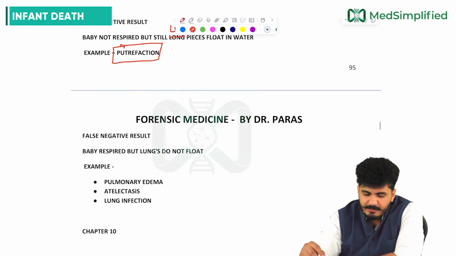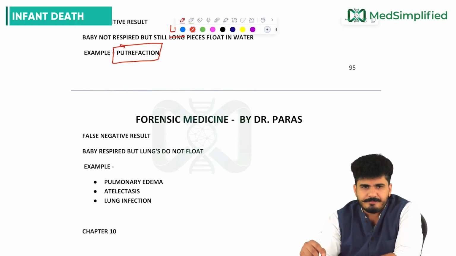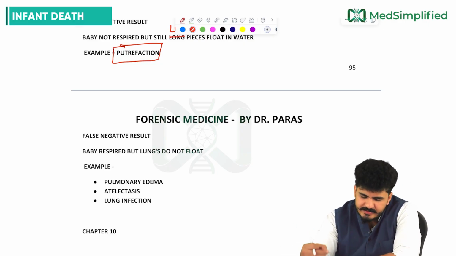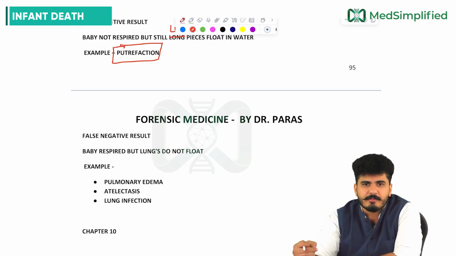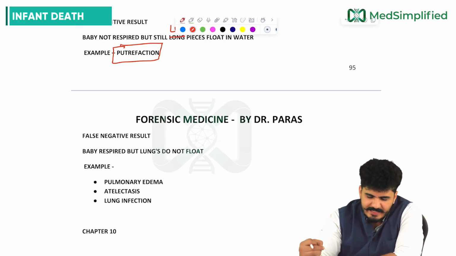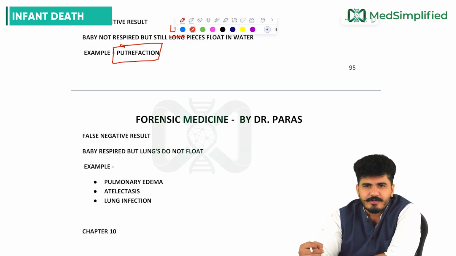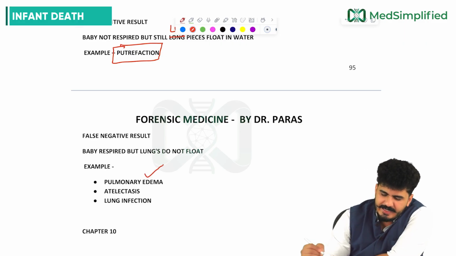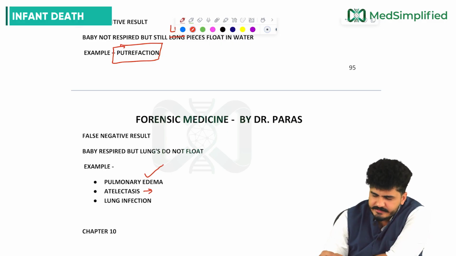False negative: the baby respired but the lungs do not float. There can be chances where the baby respired but the lungs are not floating at all, my dear friends. Examples are pulmonary edema and atelectasis. What is atelectasis?